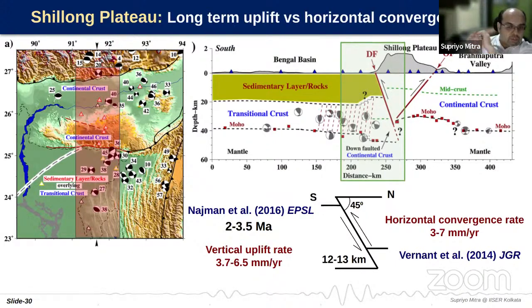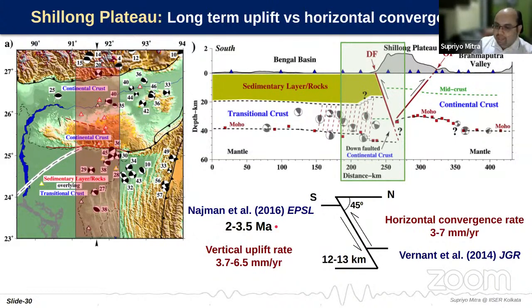What she saw was that there were reflectors which were dipping towards the Bay of Bengal until a certain point in time, and then they became horizontal, and then they started dipping towards the north. That was used to say that that was the time the Shillong Plateau rock uplift started, and therefore the Shillong Plateau started to load the transitional crust in the Bengal Basin. And the timing of that is between 2 and 3.5 million years.